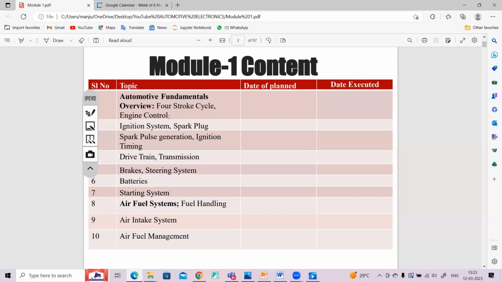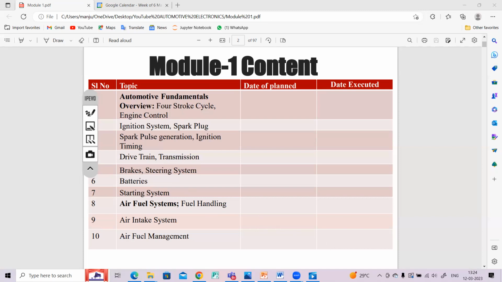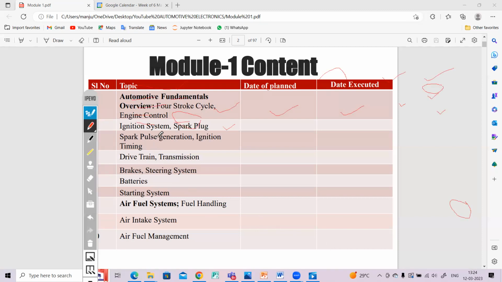Coming to two-wheelers, we'll go with two-stroke and single stroke. But coming to four-wheelers, there will be multiple strokes implemented. So that will take the four-stroke cycle, and engine control, and we'll see the ignition system, then the spark plug, spark generation and ignition timing, then the drivetrain system and braking and steering system, then batteries.